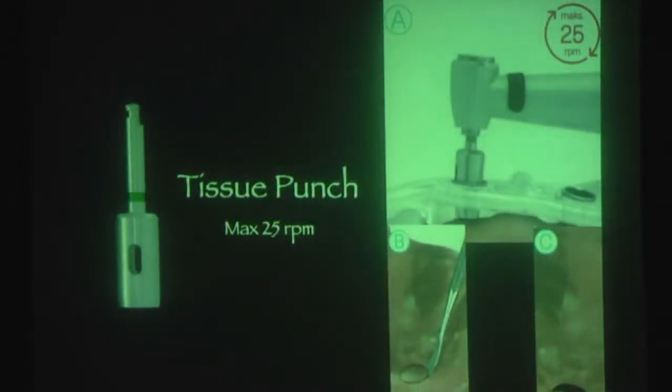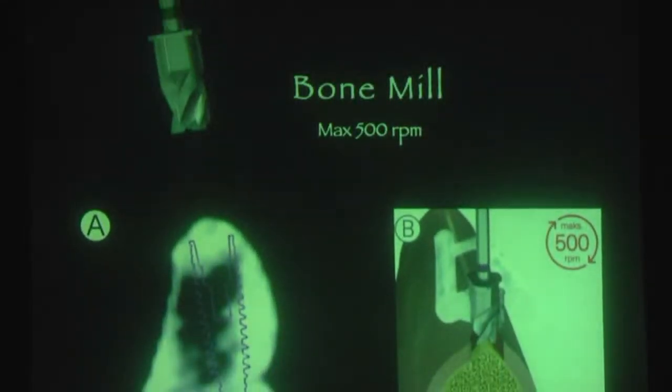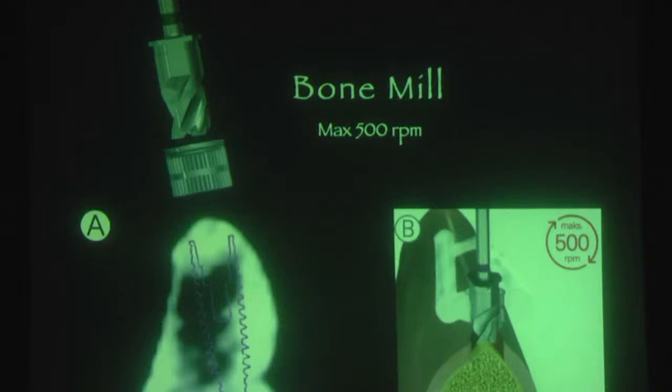So the tissue punch is for maximum 25 RPM, 25 to 65, it is written wrongly. And this is the bone mill. Look, my dear friends, we want to place the implant here, but there is an irregular and inconvenient surface here.